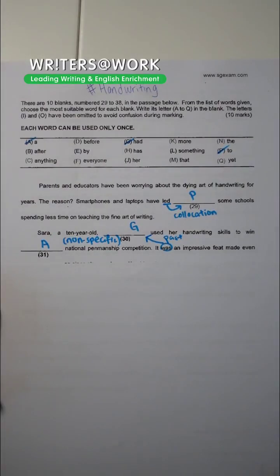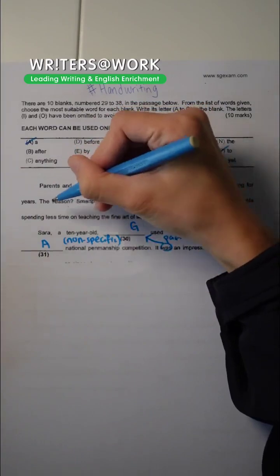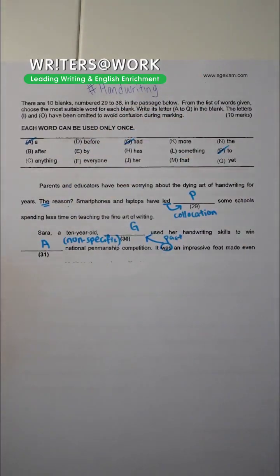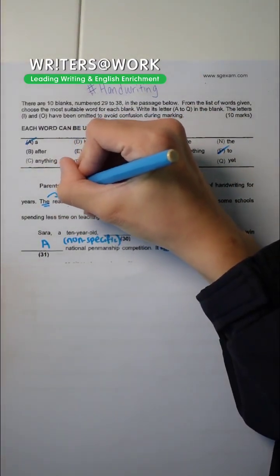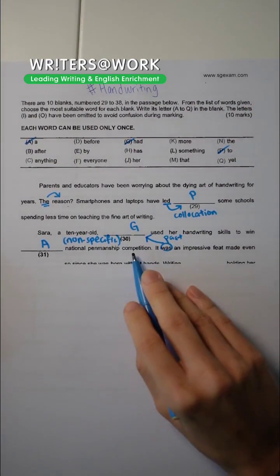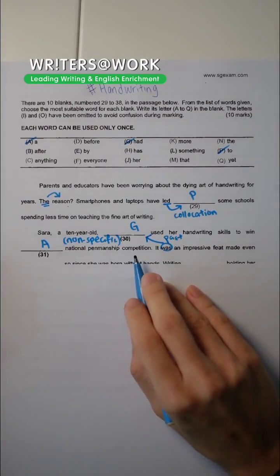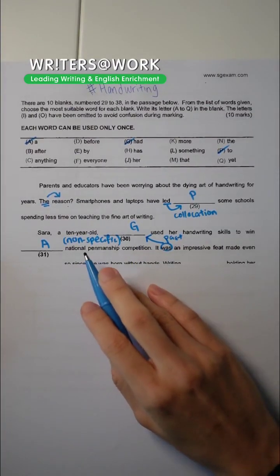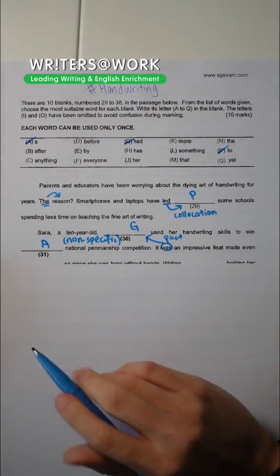It's not just one, because many of you chose N for the, right? The is used for a specific competition. Like for example, we see the top over here. The reason, the particular reason, right? This specific reason that we have in mind. However, in this case here, it's not just one competition, it's one of many. So it just is a non-specific one, which is option A, a.